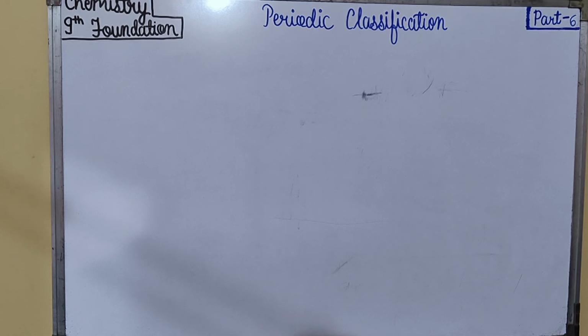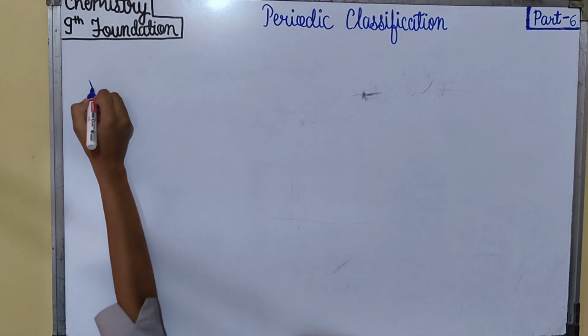In the previous part we have learned the description of the periodic table, drawbacks of Mendeleev's periodic table, achievements of Mendeleev's periodic table, etc. Today we will start with the modern periodic law.